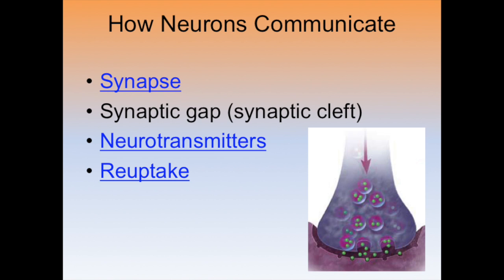The receiving neuron then, for an instant, unlocks tiny channels at the receiving site, and electrically charged atoms flow in, exciting or inhibiting the receiving neuron's readiness to fire. Then, in a process called reuptake, the sending neuron reabsorbs the neurotransmitters.